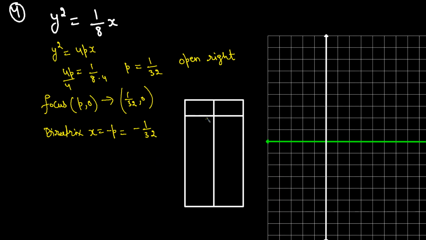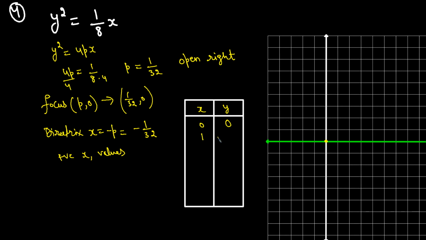Now we're going to plot some points, x and y. Let's say x is 0, y is 0. In this case, as it's going to open to the right and our vertex is (0, 0), that means only positive values of x. So it's going to be to the right of the 0 here. If x is 0, y is 0.